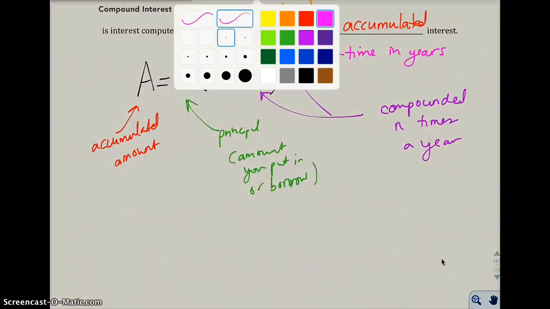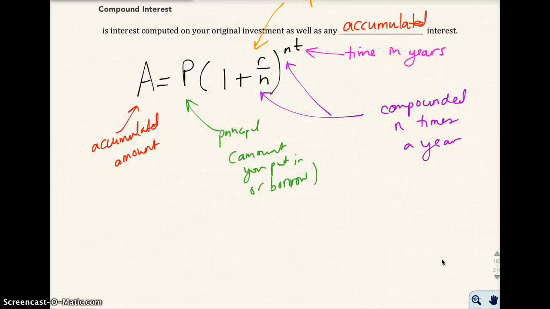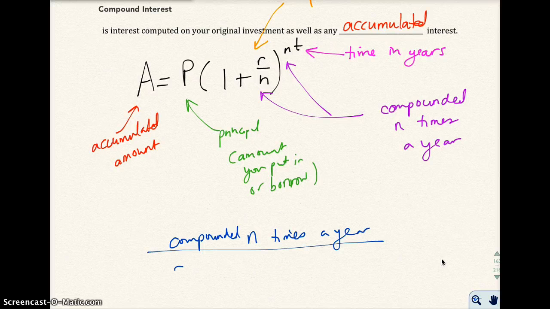What does n mean? n means the number of times compounded a year. What that means is if it's semi-annually, then n equals 2. That happens twice a year.